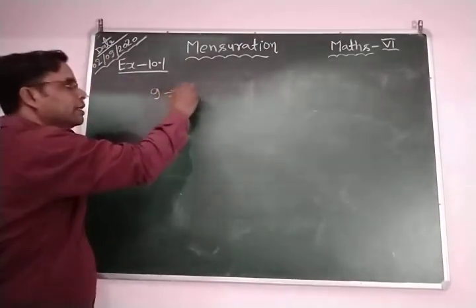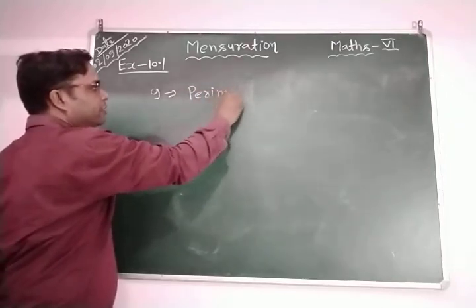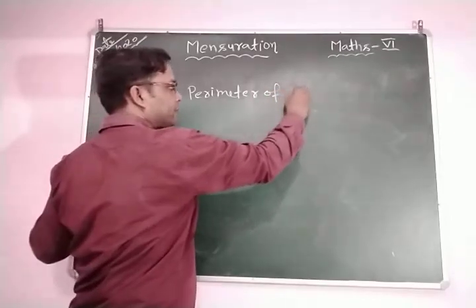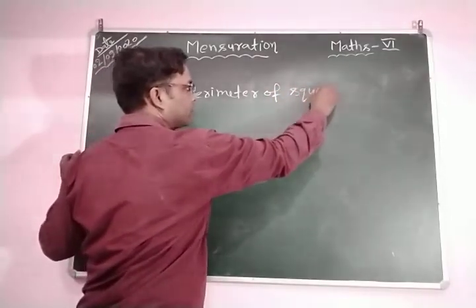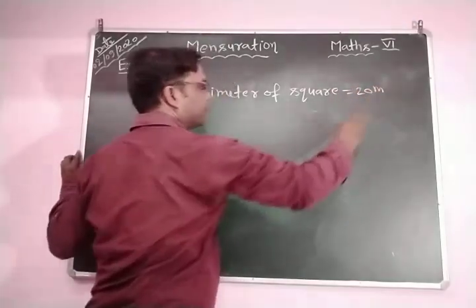In question number 9, the perimeter of the square is given. This is 20 meter.